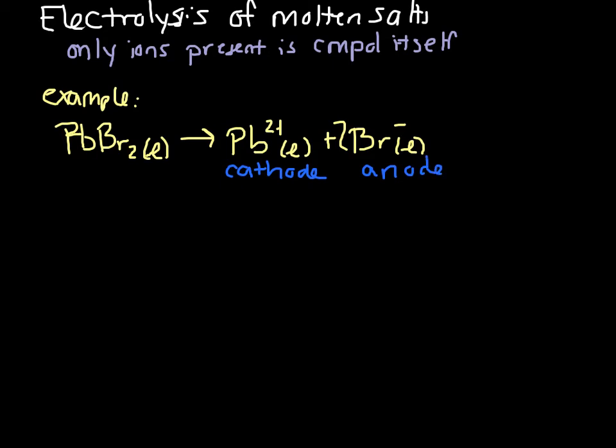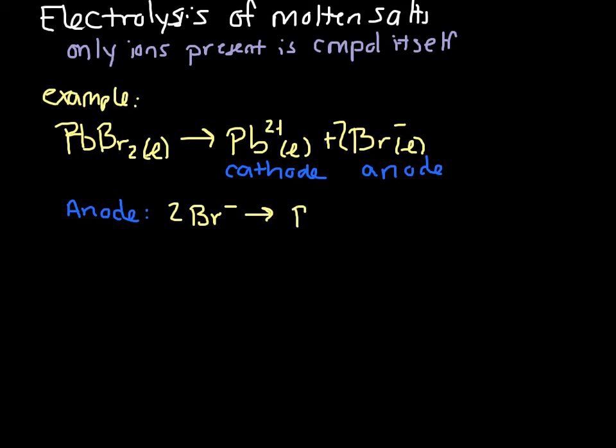All right, so we have identified what our ions are, and which electrode they're going to go to. So now we want to write our appropriate half reactions. At the anode, we are going to have bromide. So bromide is being oxidized, which means it's going to be losing electrons.